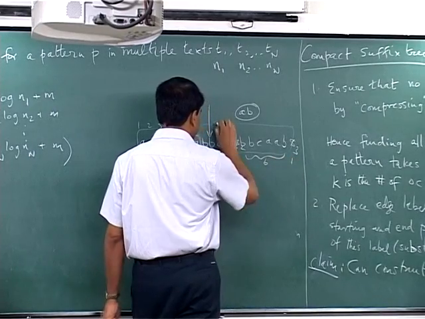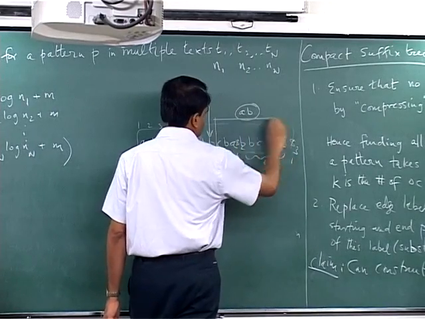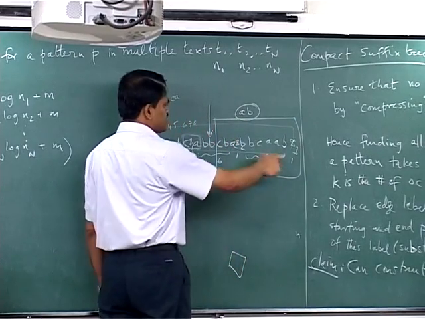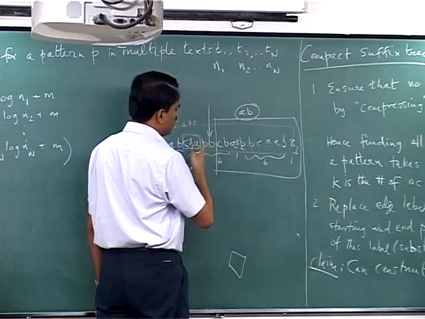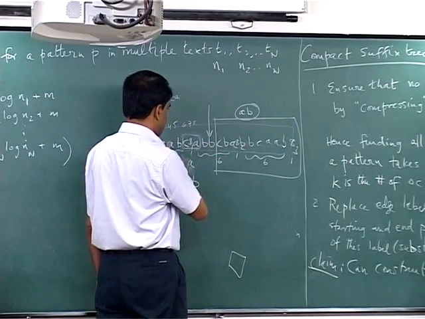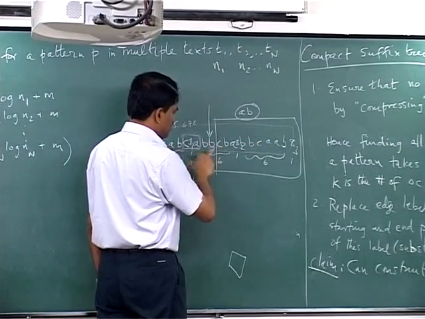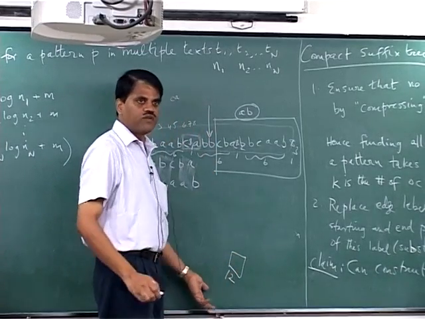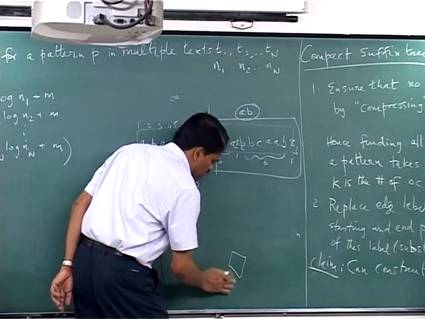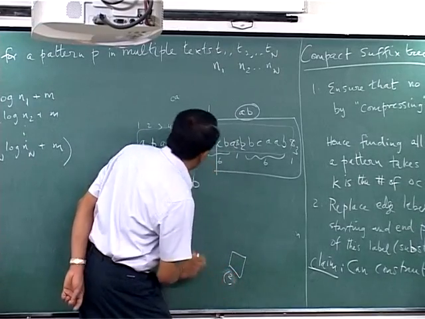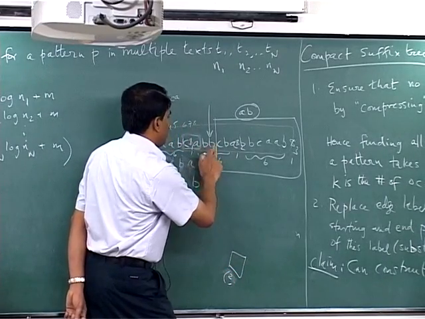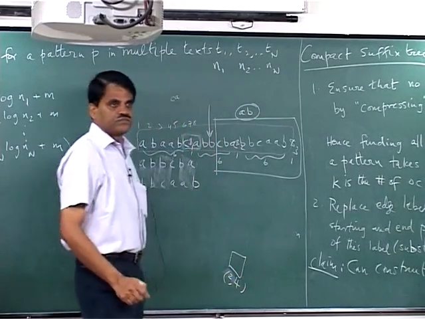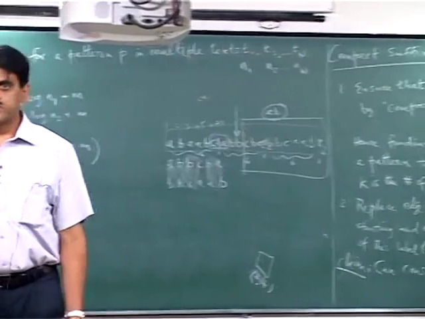So when I read this suffix, in the leaf level you are going to have a number which simply says starting at position whatever, right, 7, 12 or something like that. Instead of saying I am starting at position 12, I will say I am starting at position 4 of the second string. Okay.